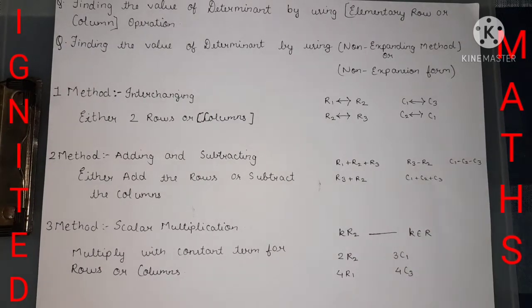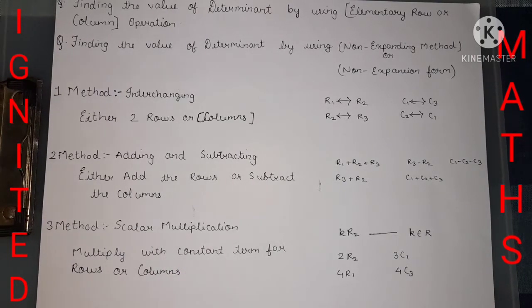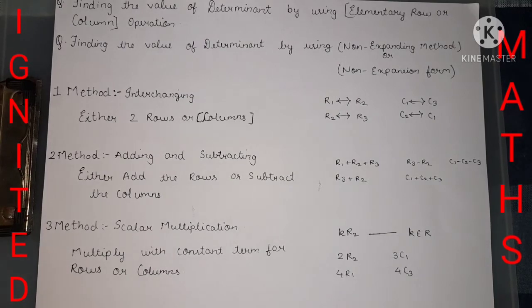Now method 3 is scalar multiplication: multiplying rows and columns by a constant. We can multiply any row or column by a constant term. Here I am going to multiply row 2 by the constant k.